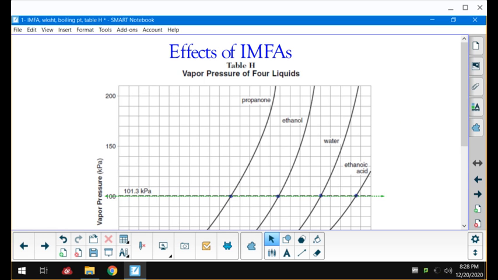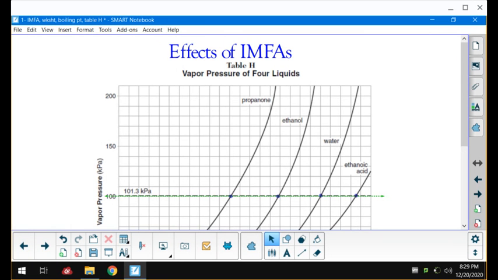It is the pressure, the force per unit area, that a particle exerts while it's in the vapor or gaseous phase. Now, the vapor pressure is dependent upon the intermolecular forces of attraction because the stronger a particle's intermolecular forces of attraction, the lower the vapor pressure.